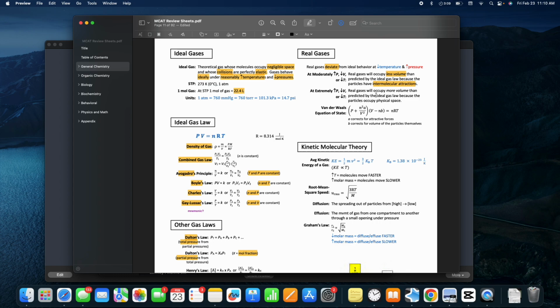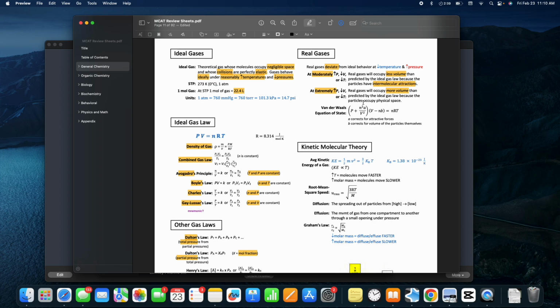And at extremely high pressure, low volume, or low temperature, real gases will occupy more volume than predicted by the ideal gas law because the particles occupy physical space.